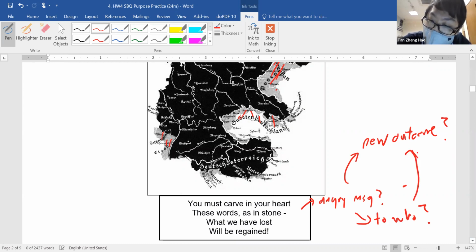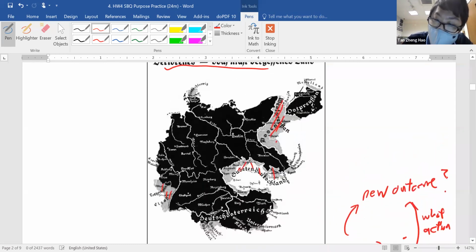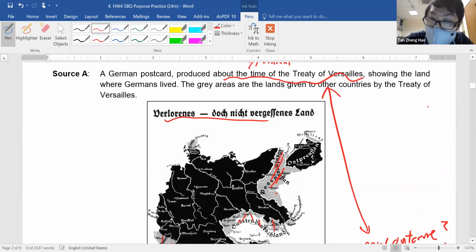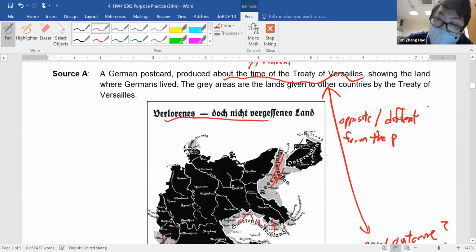And what action must they take to achieve this new outcome? The new outcome will possibly be, like what I said, opposite or different from the present context.